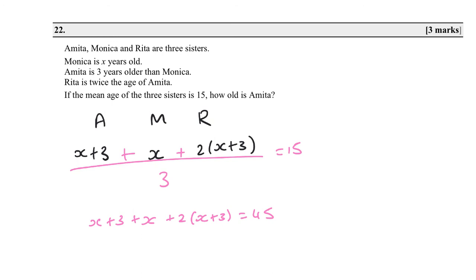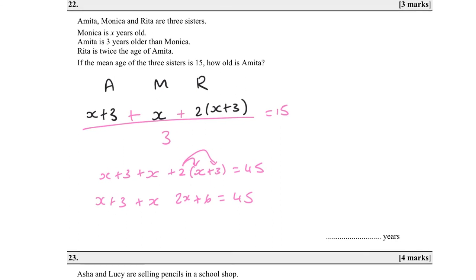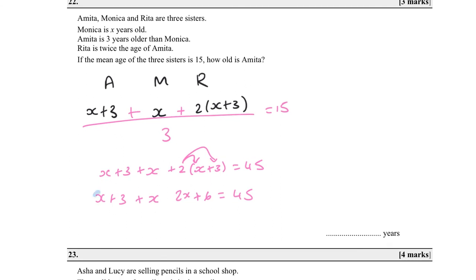I'm going to expand this out. So I'm going to get 2x plus 6, x plus 3, plus x equals 45. Now I'm going to collect like terms. x and 2x and x, that is in fact 4x. And then 3 plus 6 is 9, so plus 9 equals 45.